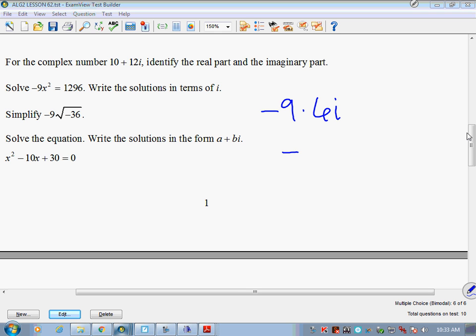Negative 54i. Okay? So imagine that it's just a normal square root, except because there's a negative, that negative becomes our i. Okay? Last question. We've got time.